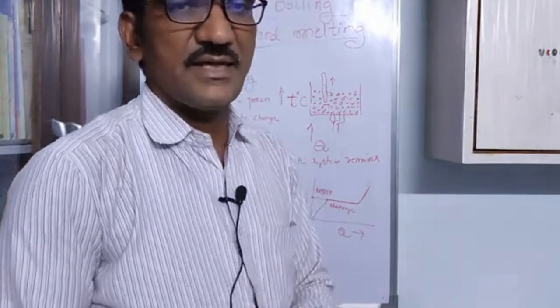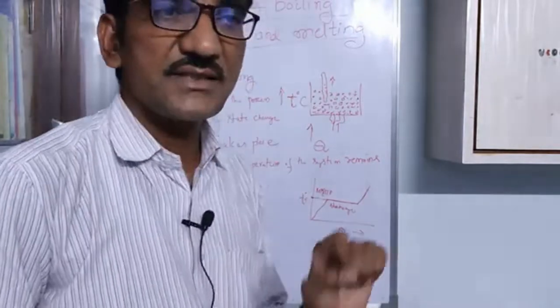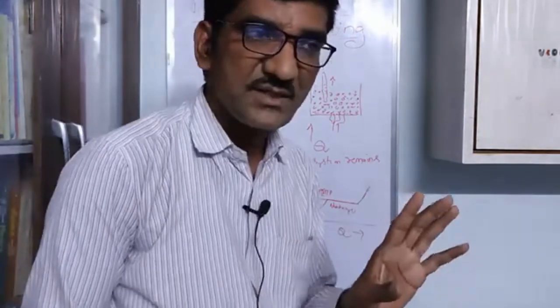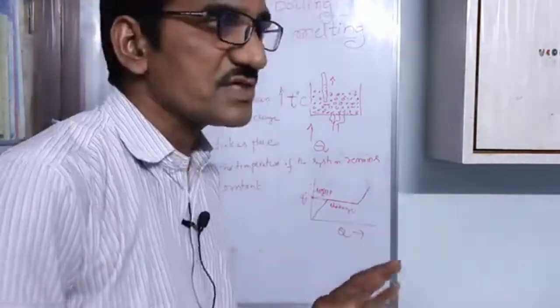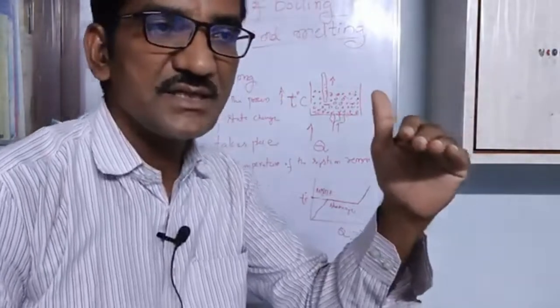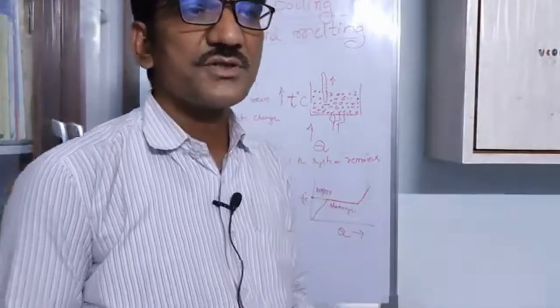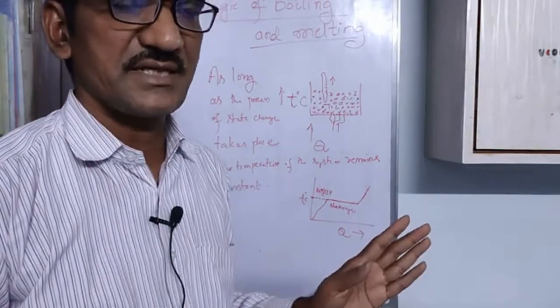So that's why we give special names for one particular temperature, called boiling point or melting point. What is special about those points? Whenever the temperature of the system reaches that point, from then on we do not observe any change in the temperature.